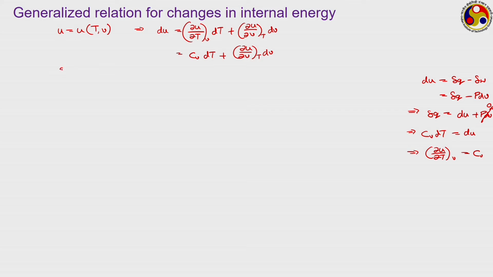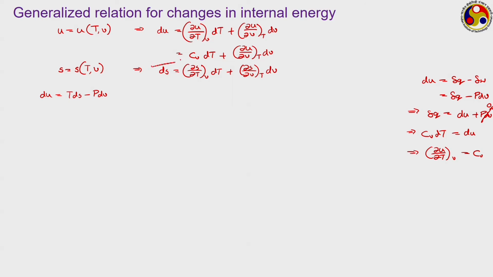Now, we take entropy as a function of the same two intensive properties T and V. So, we can write ds is equal to, following the same pattern, (∂s/∂T) at constant V dT plus (∂s/∂V) at constant T dV. Now, we know the TdS equation as du equal to T dS minus P dV.